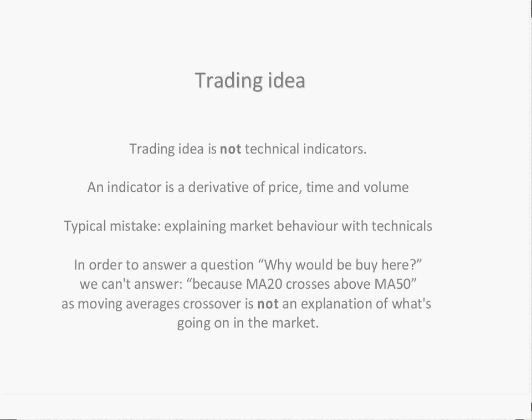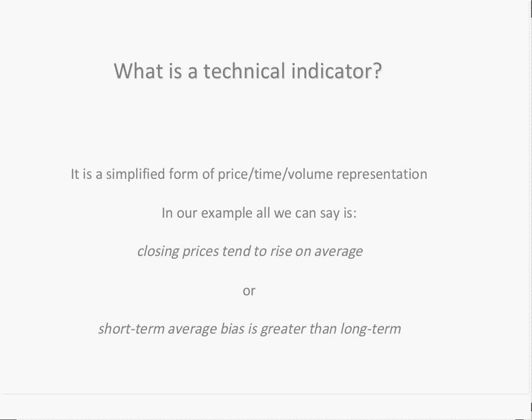It's just a sign that low pass digital filters produce two forms, one slightly faster than another. So this is all we can say looking only at technical indicators. So this is basically what I've just explained.